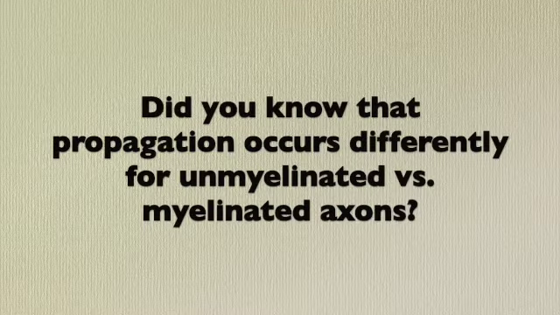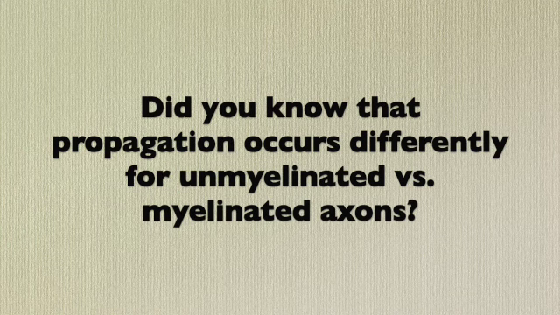This phenomenon is referred to as cell polarity, which is what I talked about in my last lecture, 12.2 Nervous Tissue. Did you know that propagation occurs differently for unmyelinated versus myelinated axons? Unmyelinated axons of neurons produce slower propagations of electrical signals, while myelinated axons of neurons produce faster propagations of electrical signals.